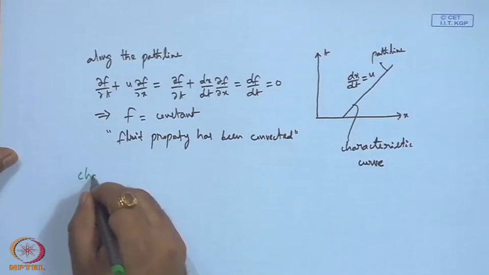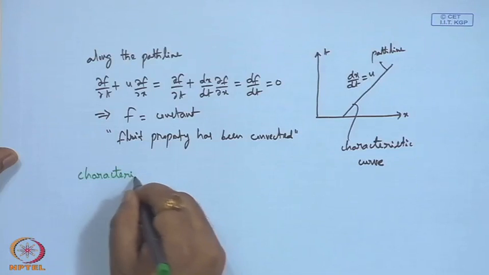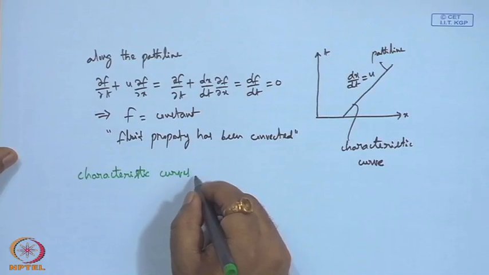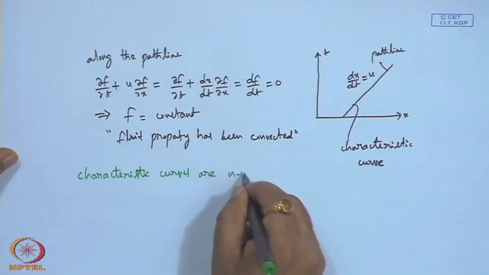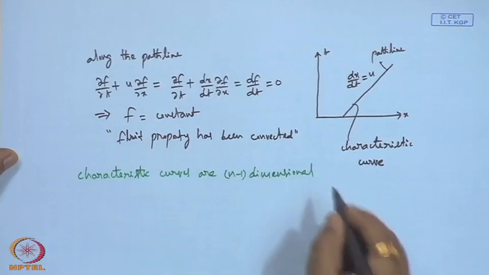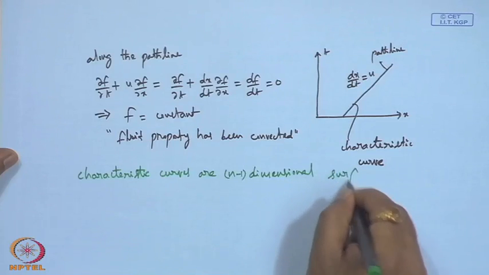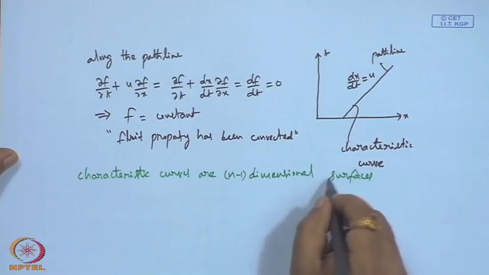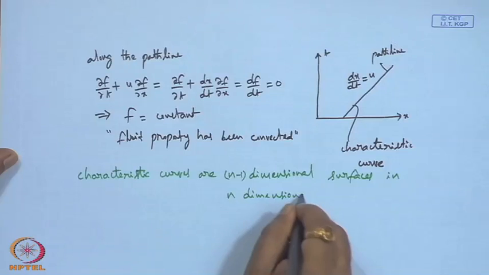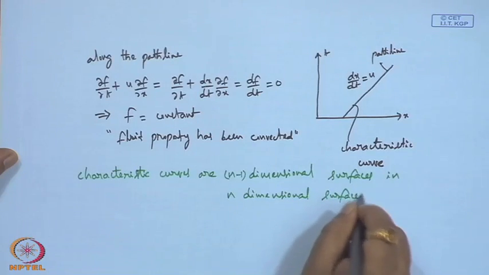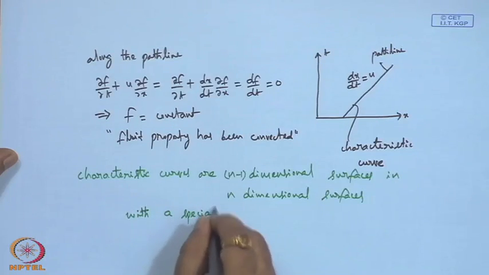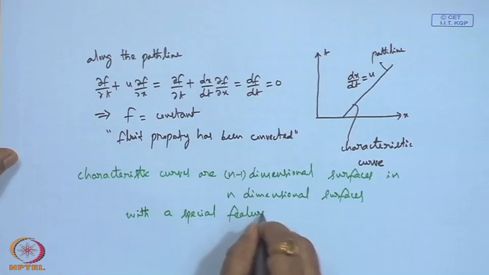Characteristic curves are, in n dimensions, n minus 1 dimensional surfaces with a special feature.